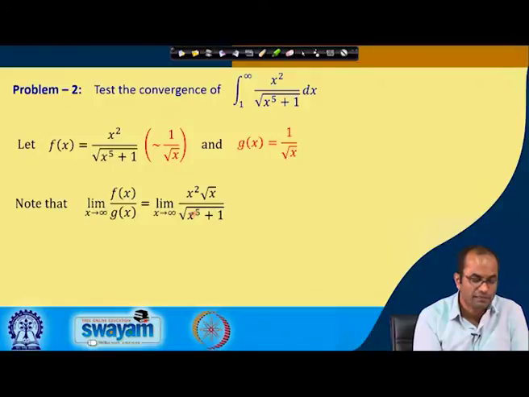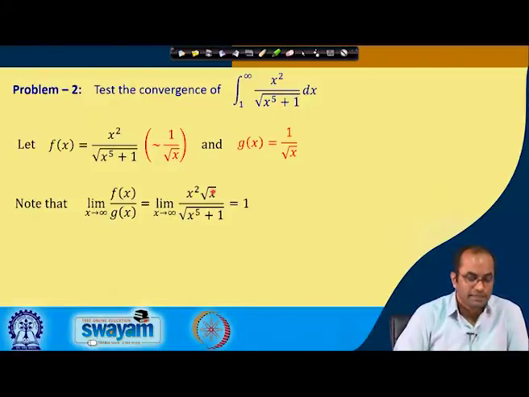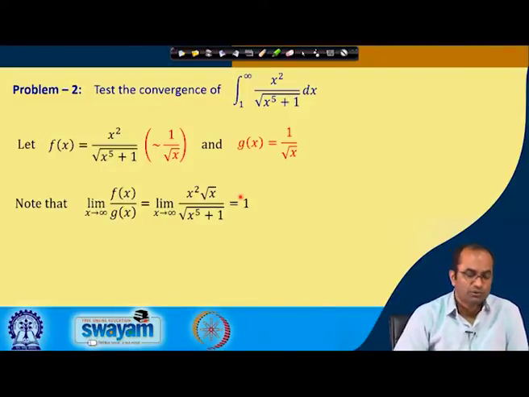So, we will have x power 5 by 2 and also x power 5 by 2 there. So, this limit will be coming as 1. Again we are getting a non-zero limit as the ratio of these two functions, so both the integrals will behave the same.